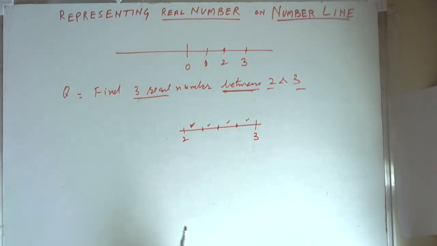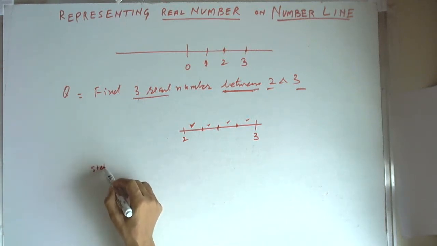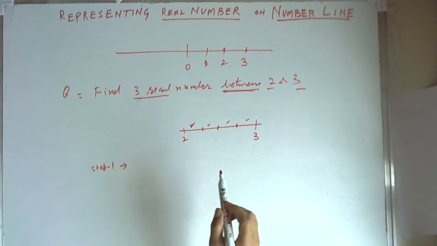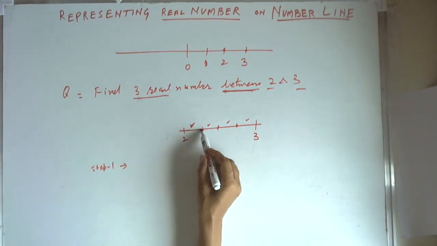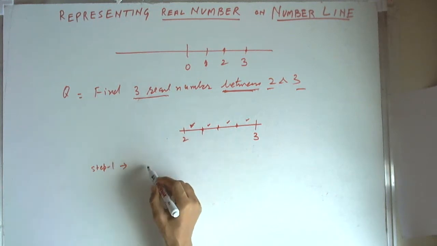And how to calculate that? This is done in two steps. Step 1, we will find this equal distance, or this distance interval.